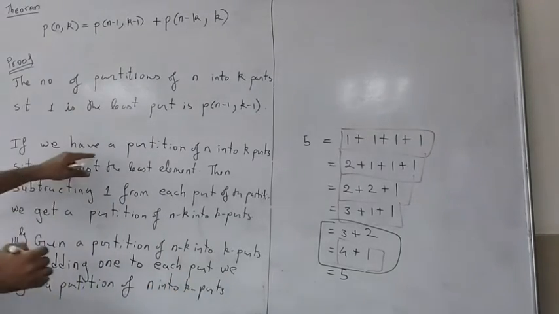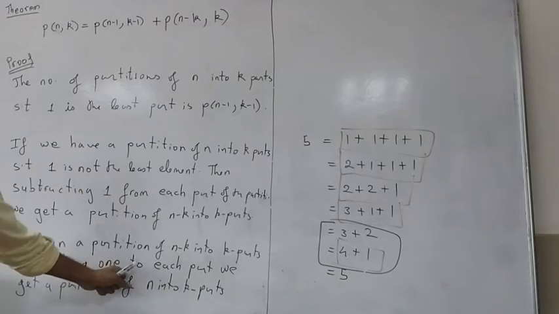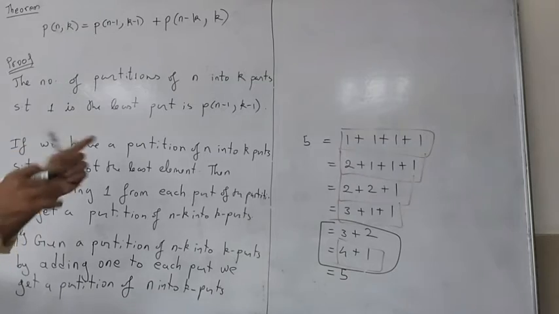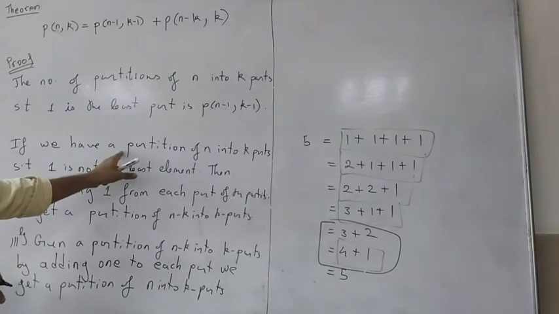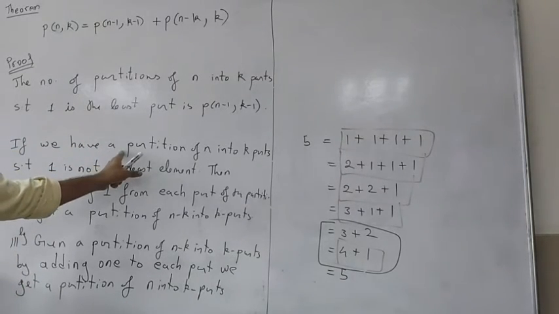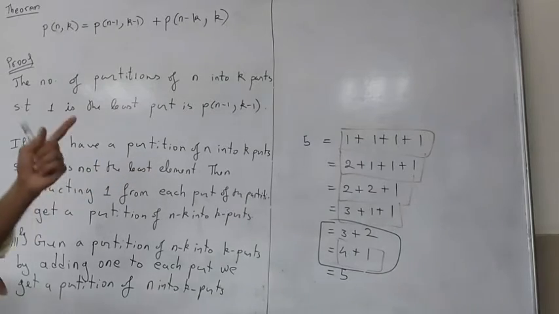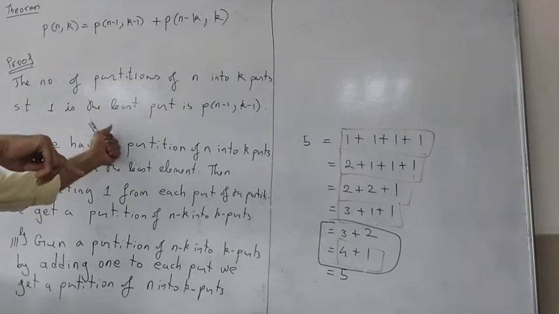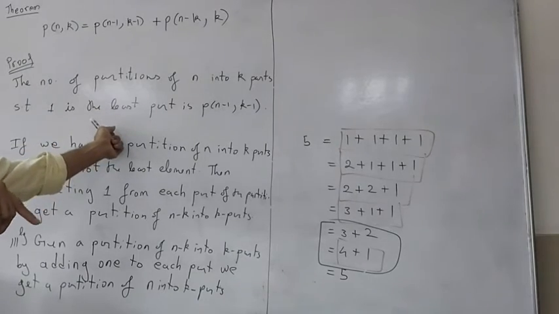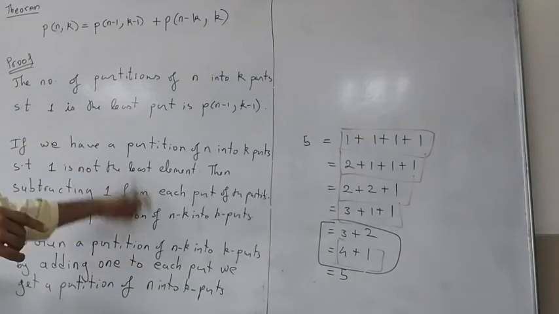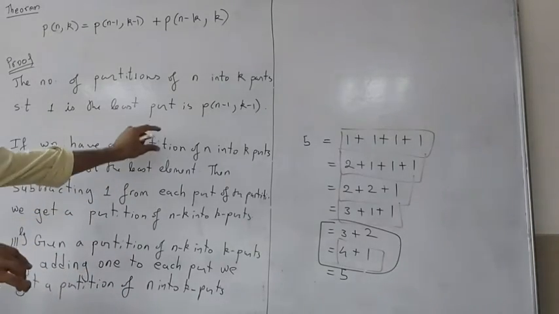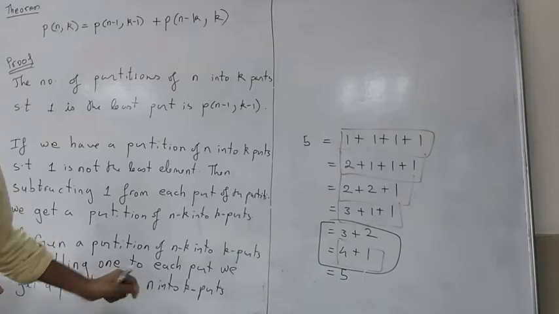And you see that this function is the inverse of this. You take a partition of n into k parts such that 1 is not the least element, subtract 1 from each, you will get this one. Do this operation back, you will get back the same partition that you started with. Similarly, you start with this and go back, you can see that these are inverses of each other, which means that the number of elements here is the same as the number of elements here.